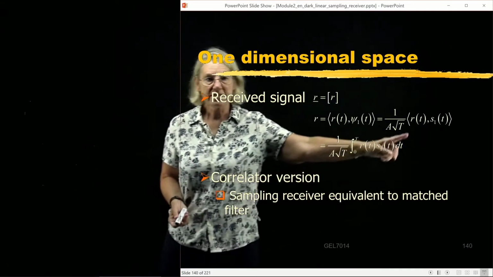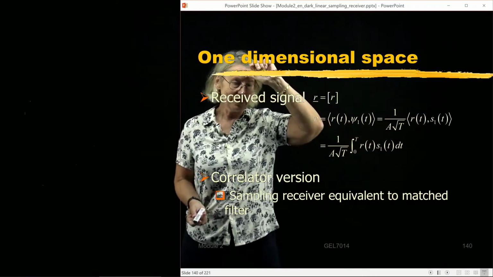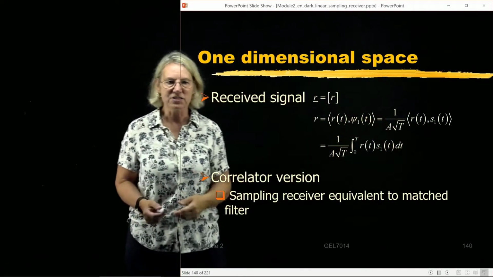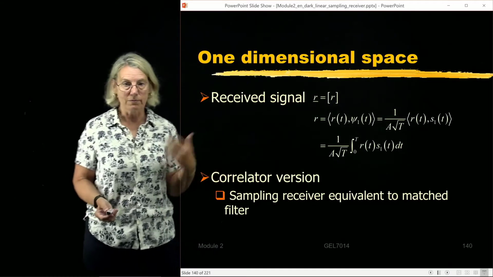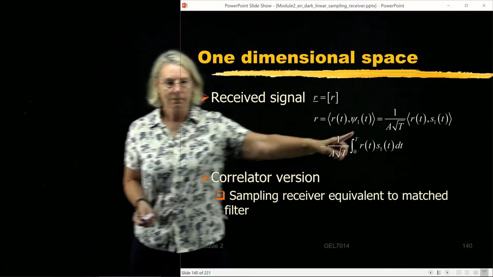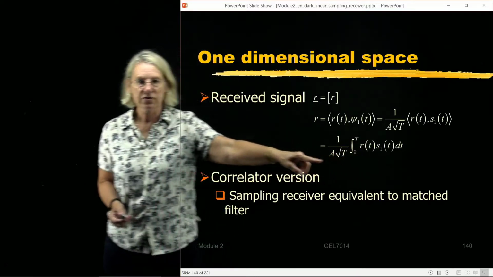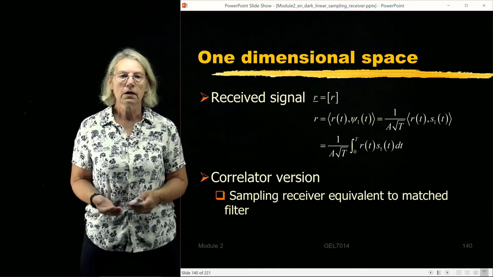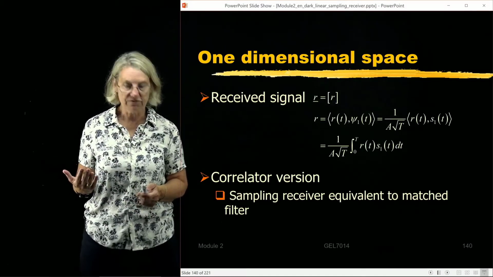So basically I'm taking the correlation of the received signal with S1, with the factor that normalizes it so that it's really C1 that I'm doing the inner product with. And so I see right here the correlator structure very clearly. This is a correlating version. But remember, of course, that I could have implemented this with a matched filter if I wanted to.